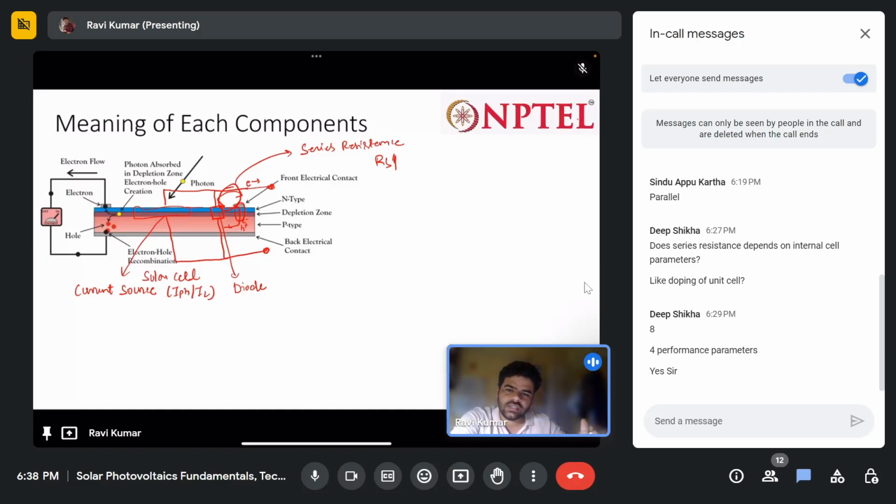There is more resistance to the electron. So there is some difficulty for the electron to flow on the surface of the solar cell. If RSH is decreasing, I'll tell you one thing. The series resistance, okay, you just tell me, what should be the ideal values of RS and RSH?